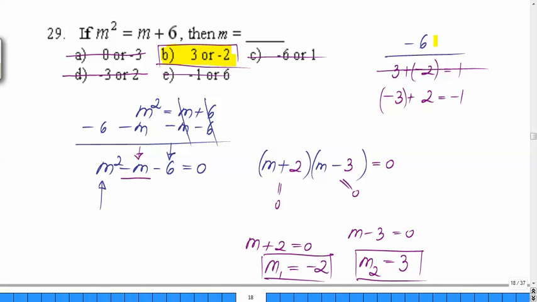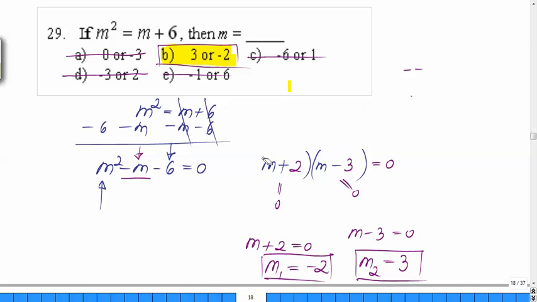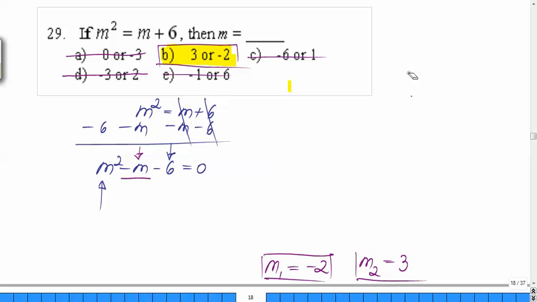If by any chance you don't remember this, you can try by using the quadratic formula. You guys remember that? The quadratic formula says, first of all, identify your a, b, c, because the standard form will be ax squared plus bx plus c equals 0.